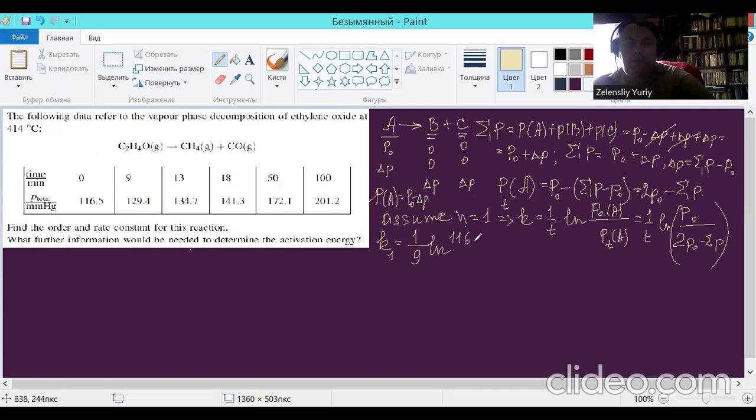So 116.5 over, the denominator is twice 116.5 minus, and at time 9 minutes, the total pressure is equal to 129.4. Okay, so let me take a calculator. One second, please.